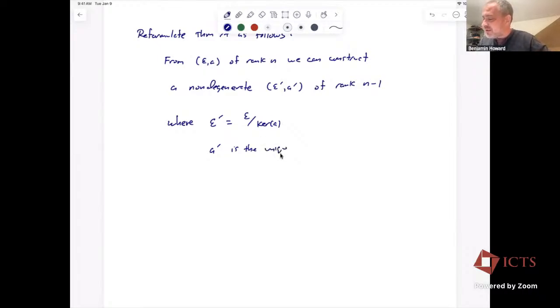It's the unique Hermitian pairing such that the quotient map from E to E' respects the Hermitian structures. In other words, the Hermitian form A on E descends through the quotient map.